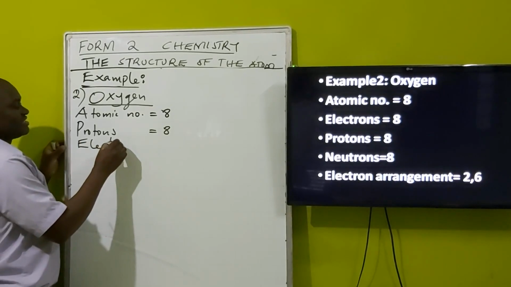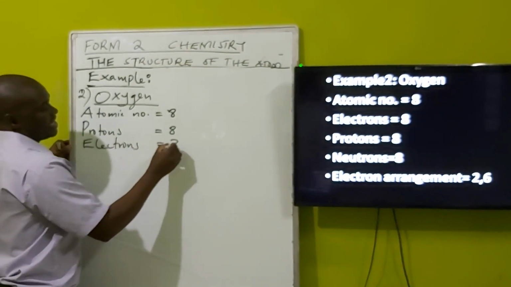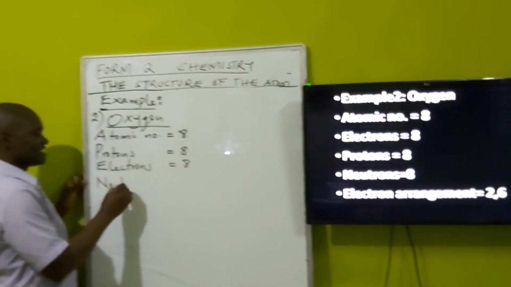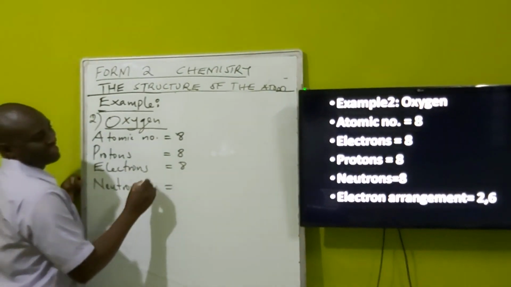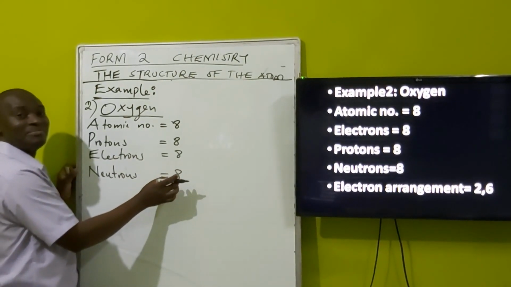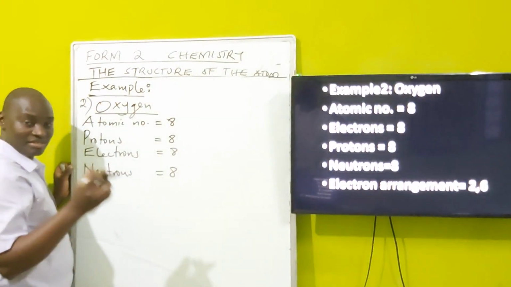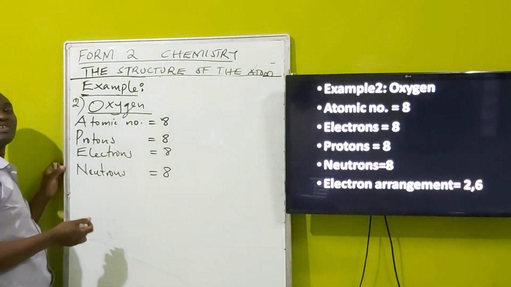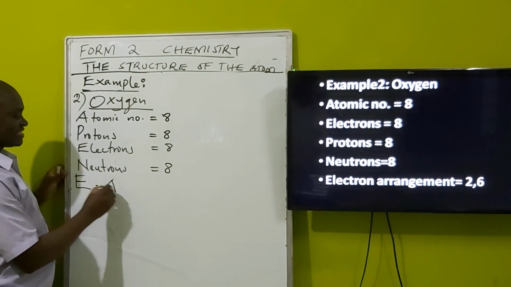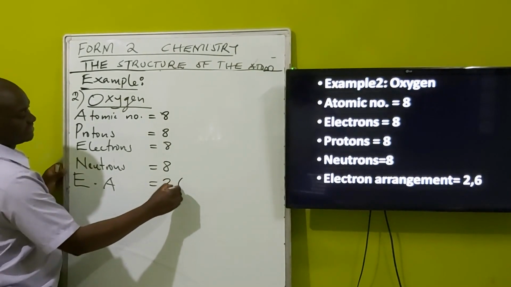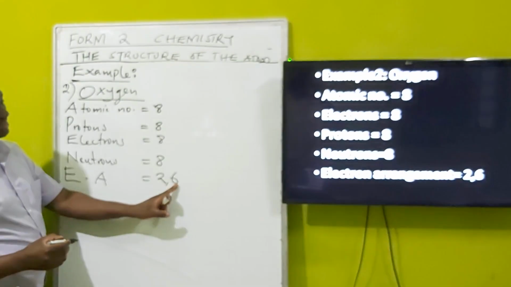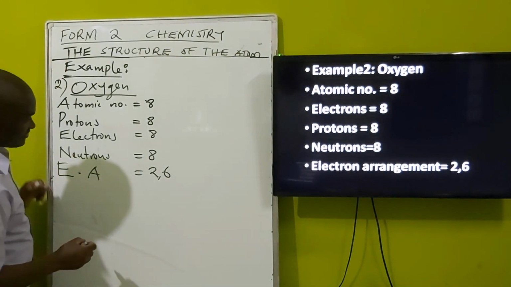Electrons, the same, 8. Neutrons, how many? 8. It does not mean that all the elements have the same neutrons as protons. You had seen it earlier, some have a different number of protons and neutrons. And then electron arrangement is 2, 6.